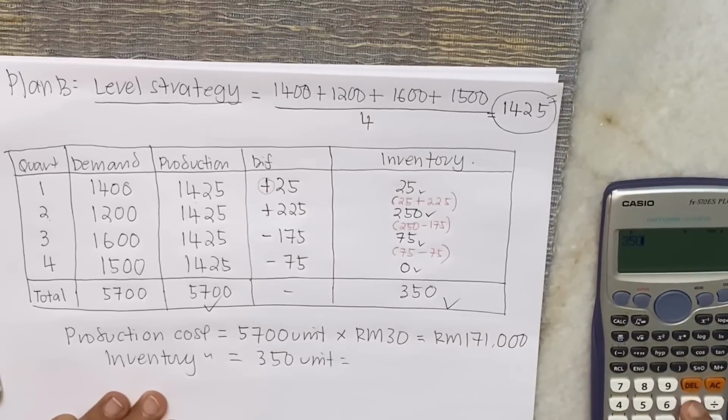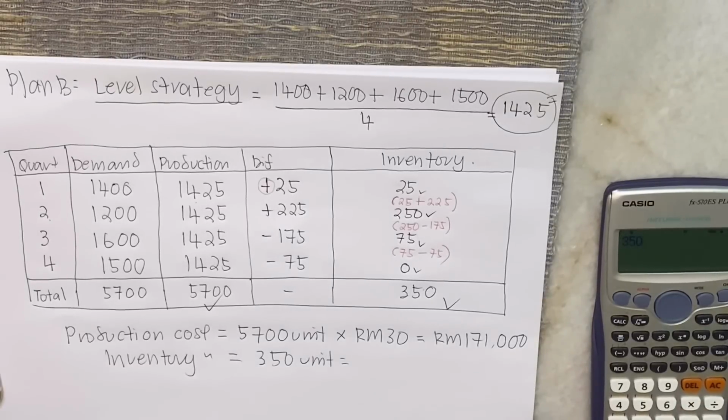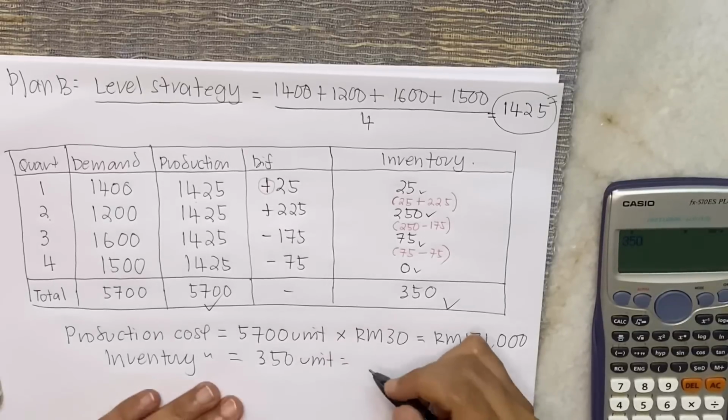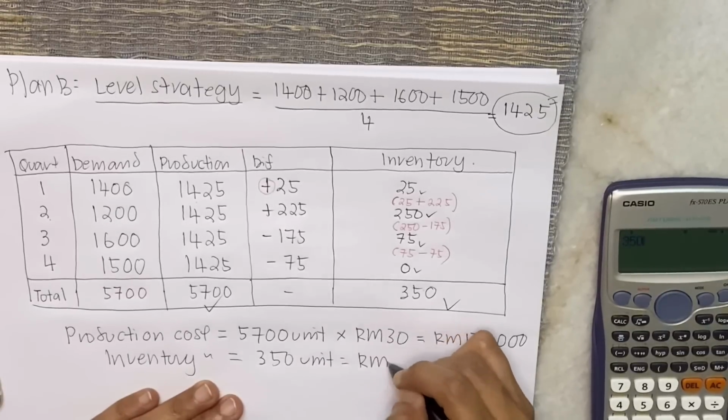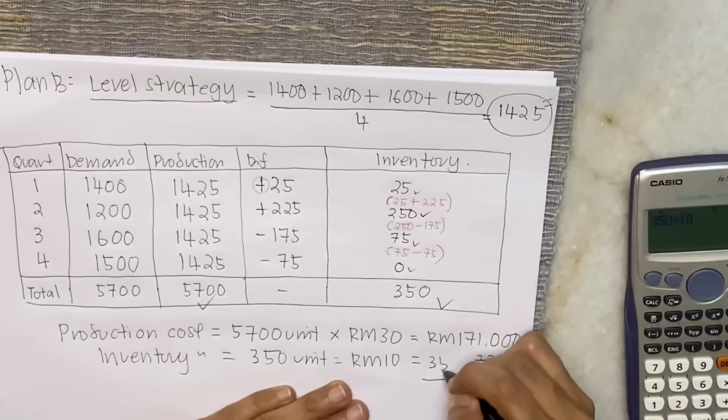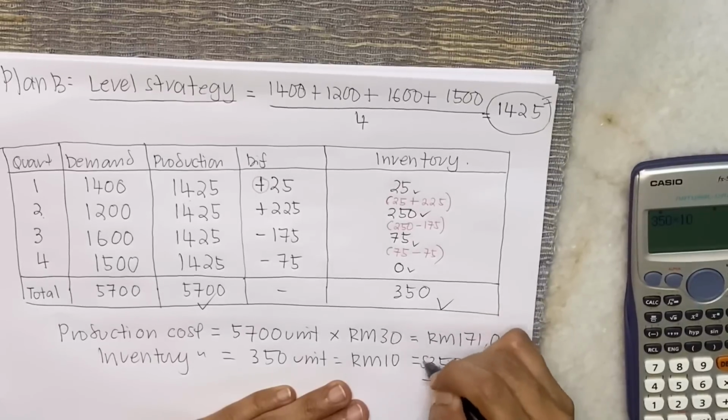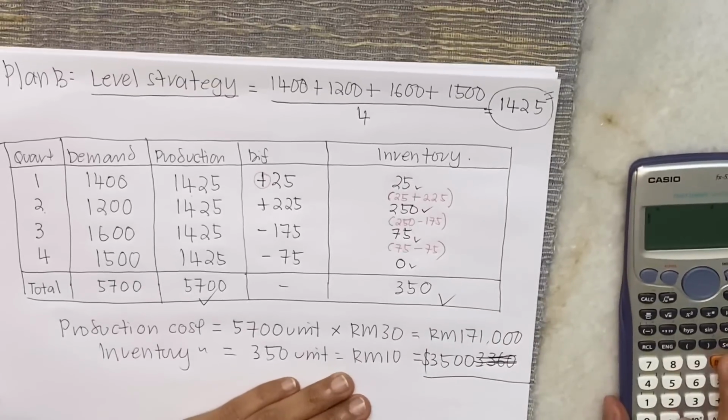350 times, what is the inventory cost? Our inventory cost, beginning inventory cost, is RM10. RM10. So 3,500. The amount is supposed to be RM3,500.